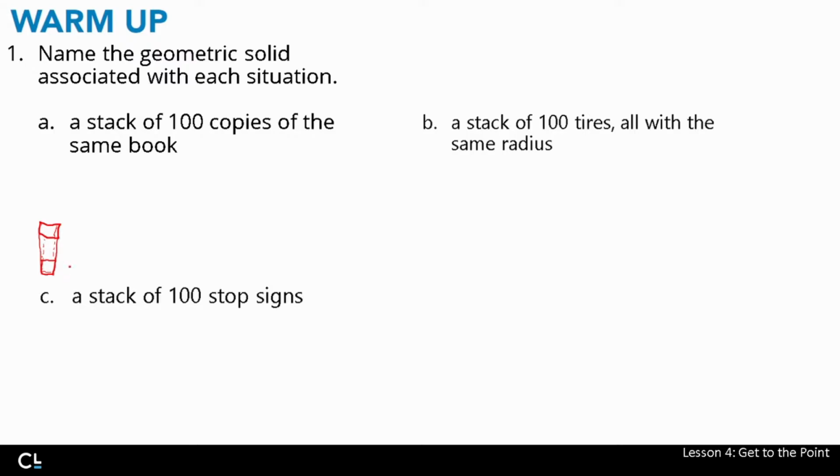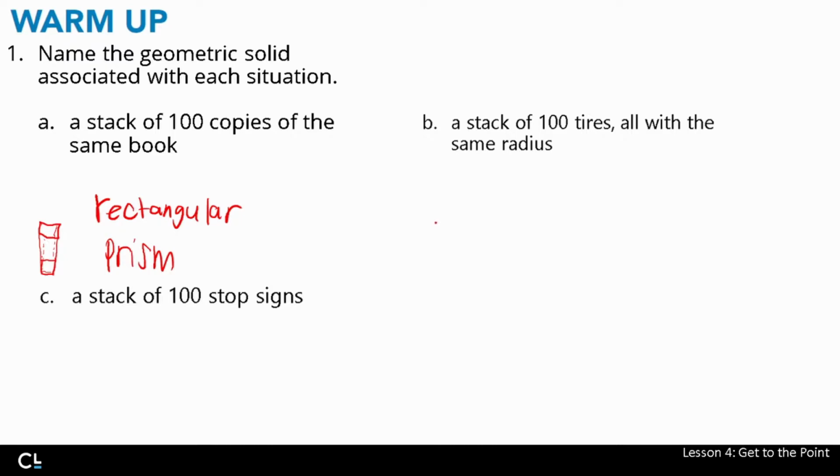And we're going to get a stack that kind of looks like this. This is going to be a rectangular prism. A rectangular prism. Let me rewrite that. That was not neat. Rectangular prism.